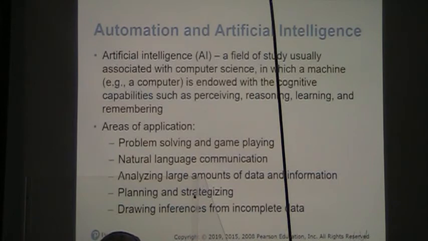So, areas of application used so far: problem solving and game playing, natural language communication, analyzing large amounts of data and information, planning and strategizing, drawing inferences from incomplete data.